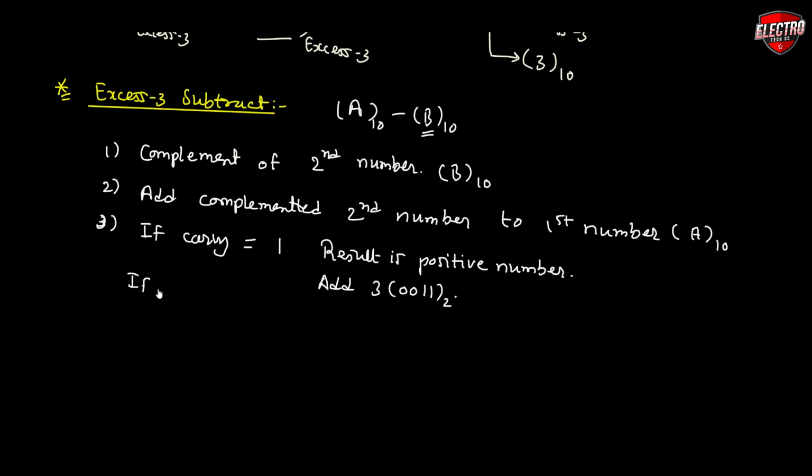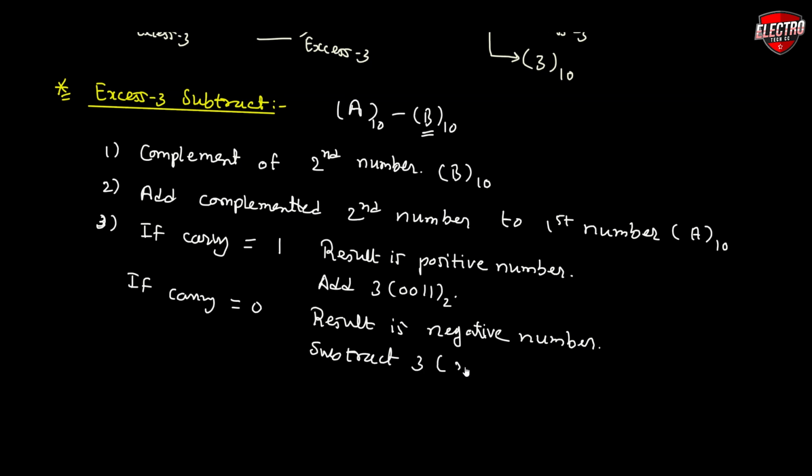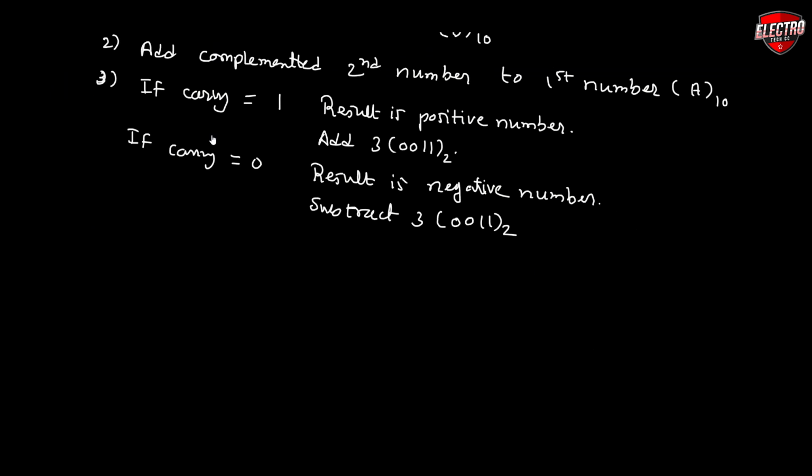If the carry is equal to 0, then the final result is a negative number, and we have to subtract 3 from the final sum. Okay, so let's take one more example to perform subtraction of two Excess-3 codes.